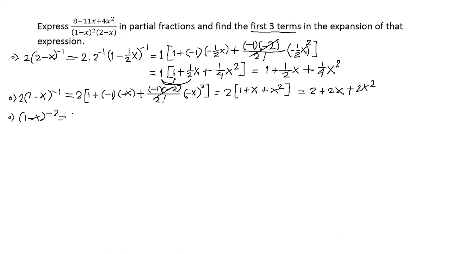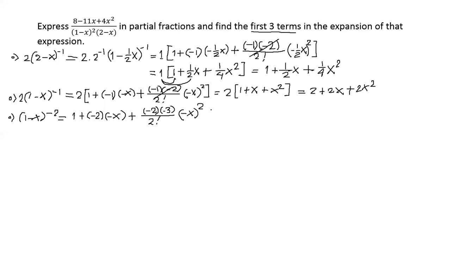So it becomes 1 plus negative 2 times negative x, because this is negative x, plus negative 2 times negative 3, because negative 2 minus 1, divided by 2 factorial, times negative x squared.